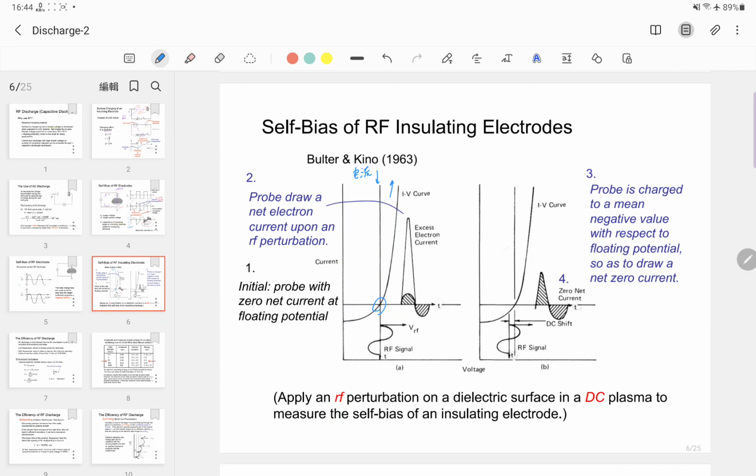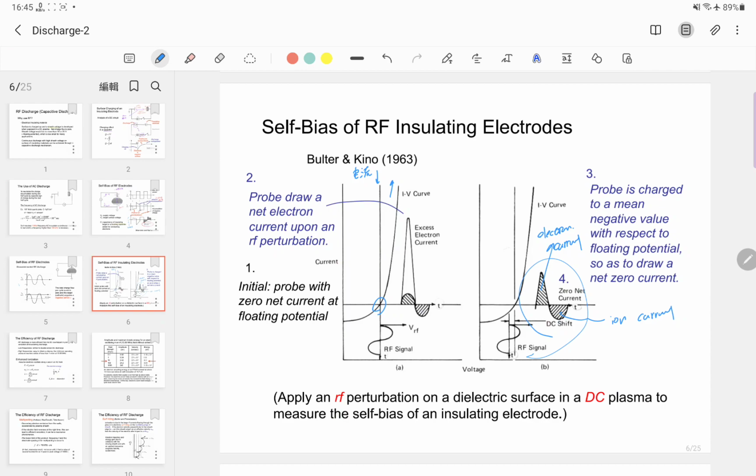And the last curve here shows the electron current and ion current collected by the probe after the probe is biased negatively, or self-biased negatively. So again, at the end, if we calculate the area of the curve in this half cycle and in the other half cycle, we can find that the area here, the electron charge, and the area here, the ion charge, become equal.